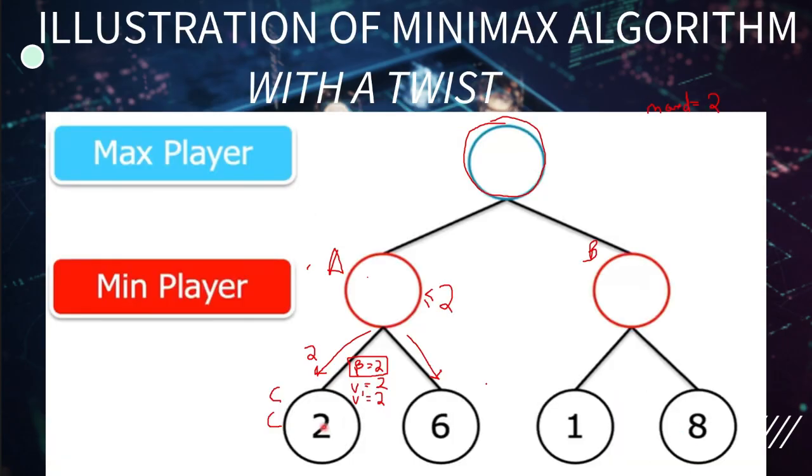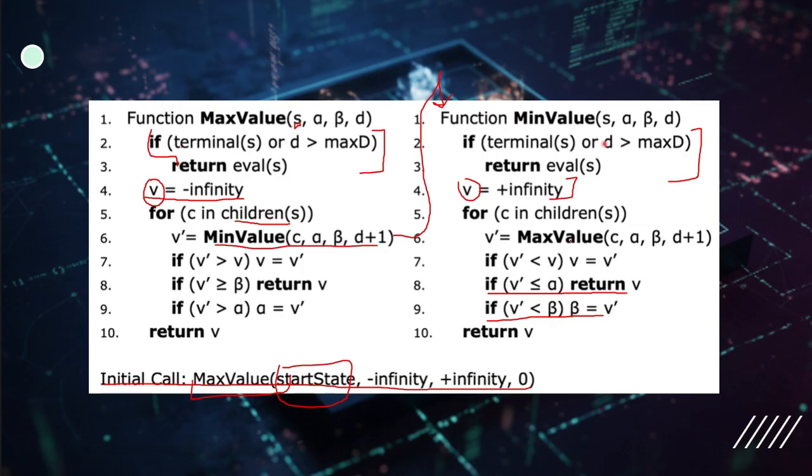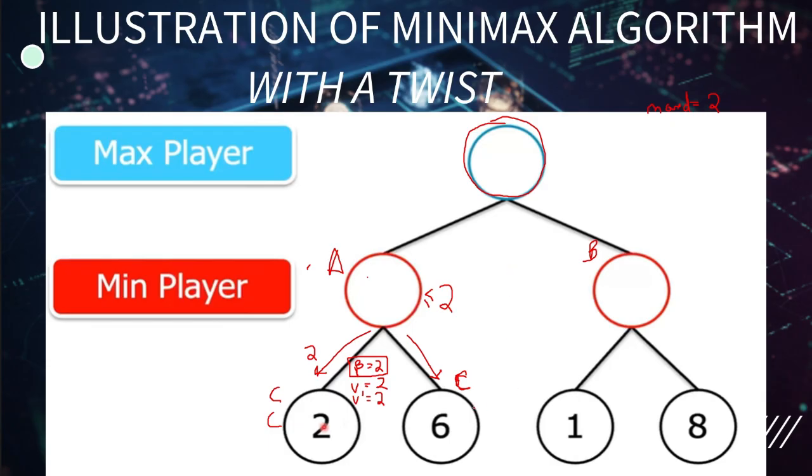Fine. As we move ahead, this node 6 is passed, and this becomes the C, my child right now. It is passed through this max value function and its value is returned because it is also a terminal node. But this time the value of V dash would be 6.